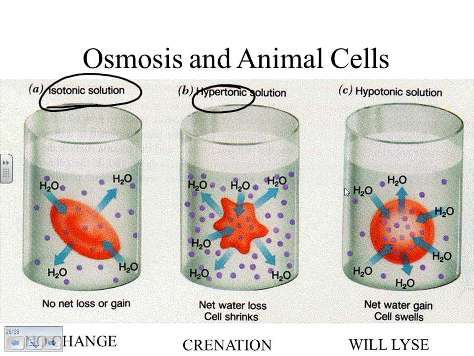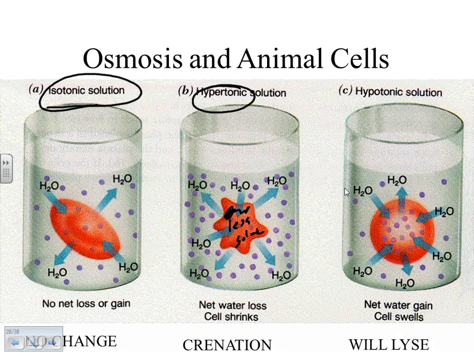It's going to move from areas of less solute to areas of more solute, or areas of higher water concentration inside the cell to areas of lower water concentration outside. The process illustrated in this picture is called crenation. That's when a cell without a wall shrivels because it's placed in a hypertonic solution and therefore loses a lot of water.